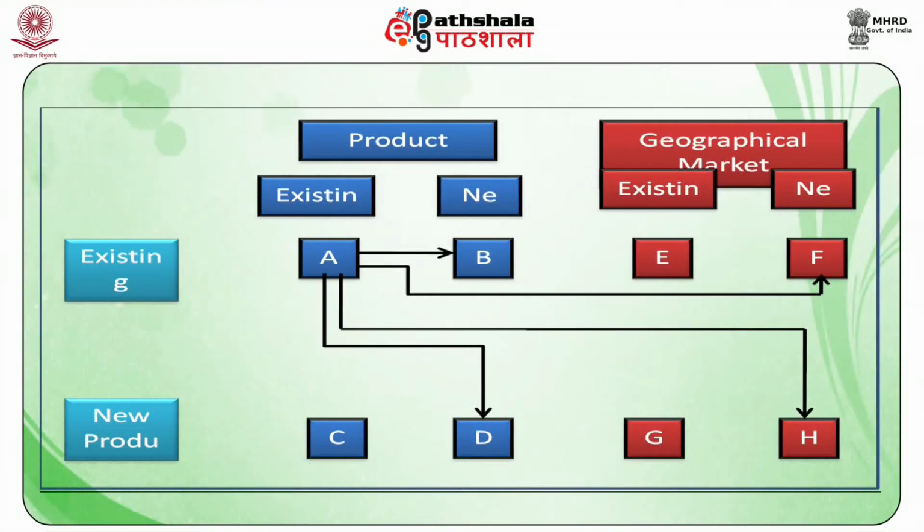This has been illustrated in figure 1. The initial position of the firm is in box A, that is its existing product market, and box E, its existing geographical market.